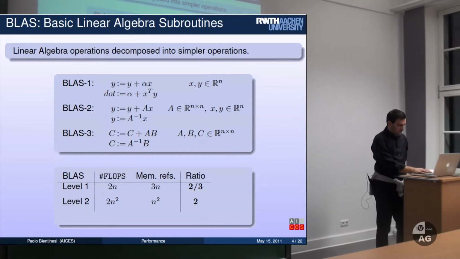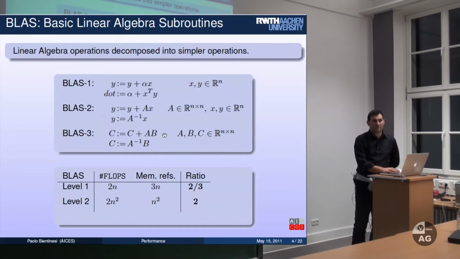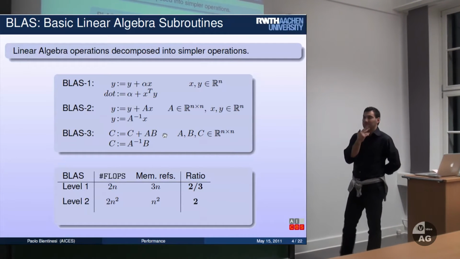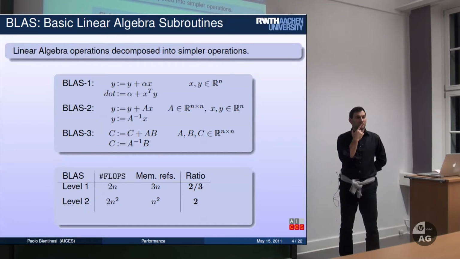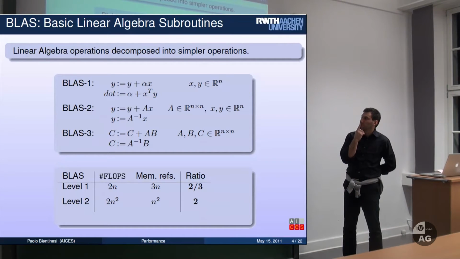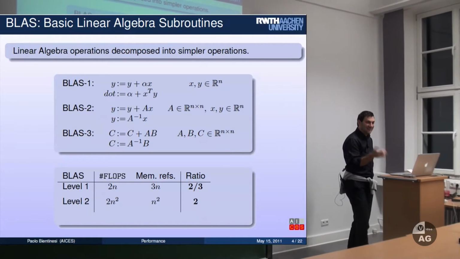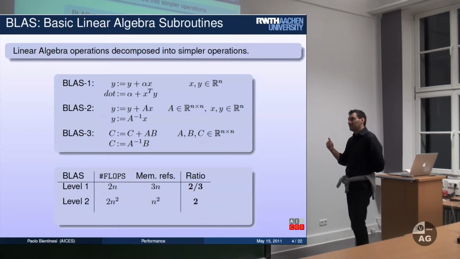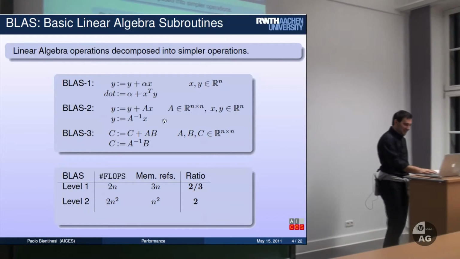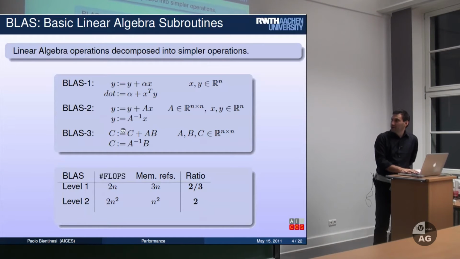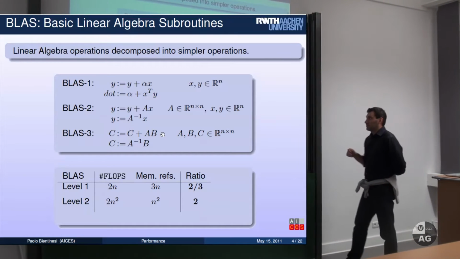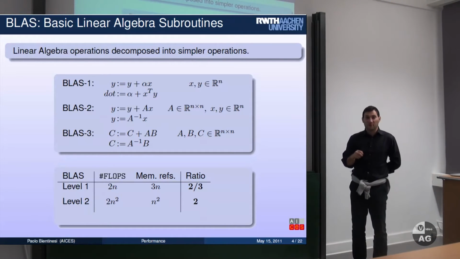Now let's go to BLAS 3. Memory references. You were in high performance, you know that. Yes, it is 4n square. So I read A, I read B, I read C, and I write C, so it's 4n square. How many operations am I performing?